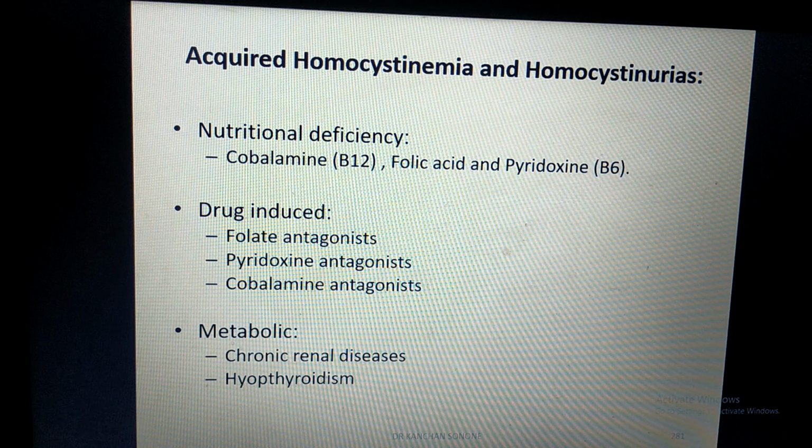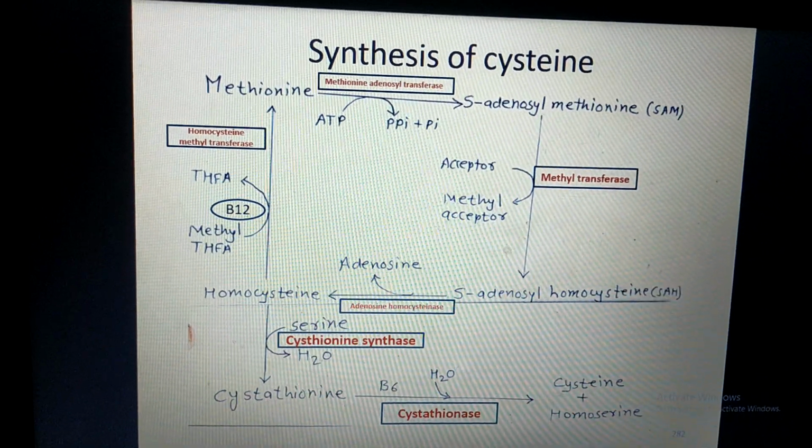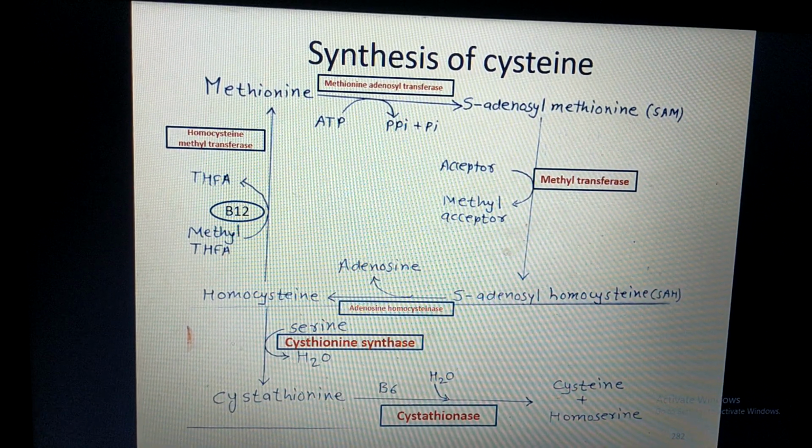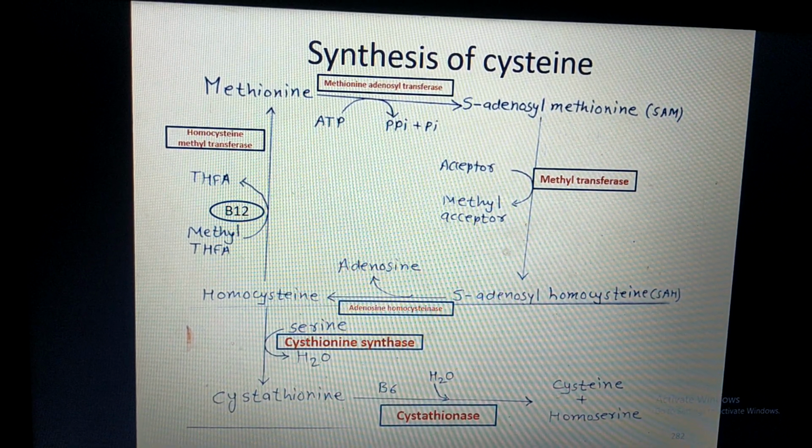First is nutritional deficiency. Three vitamins are very essential in the metabolism of homocysteine. These are folic acid, which provides methyl group in the form of methyl tetrahydrofolate, then cobalamin, that is vitamin B12, and B6, that is pyridoxine.